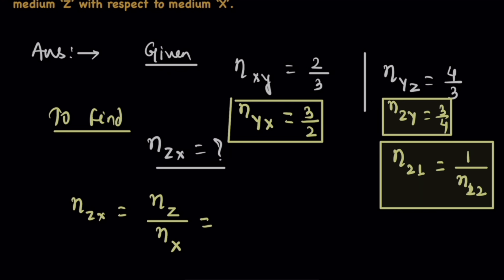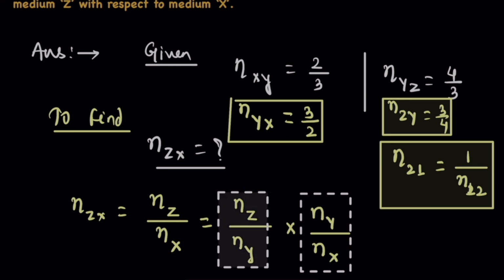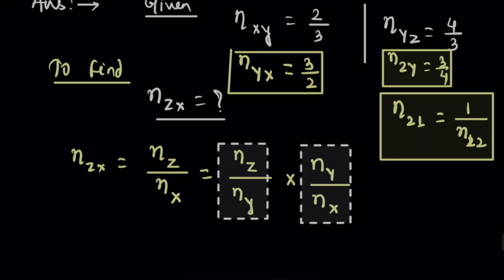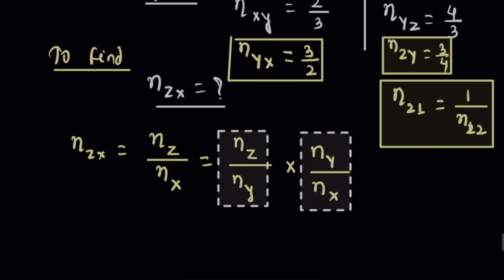So it can be written as absolute refractive index of Z divided by absolute refractive index of Y into absolute refractive index of Y by absolute refractive index of X. This will not change the equation. So here NZX can be written as NZY into NYX.